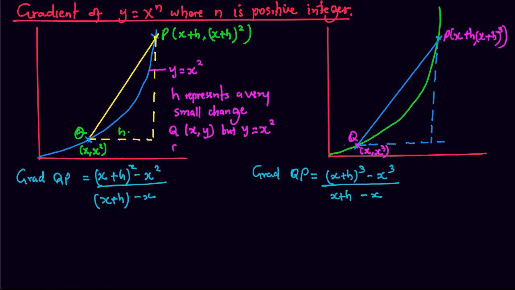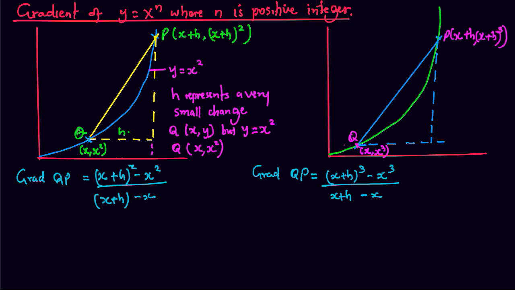It means point Q has coordinates x, x squared. P will have coordinates x plus h.